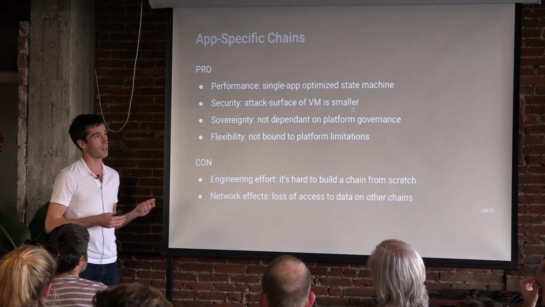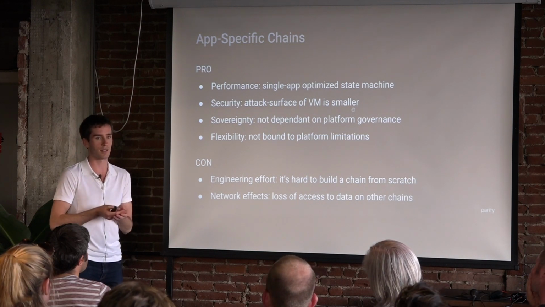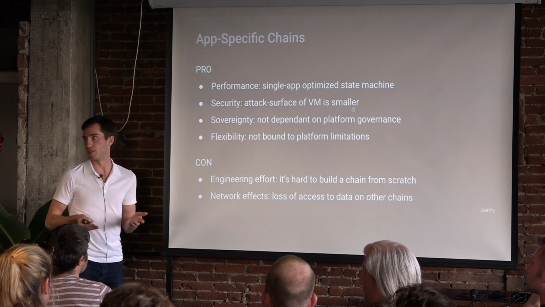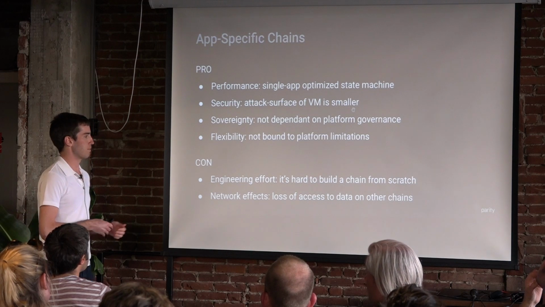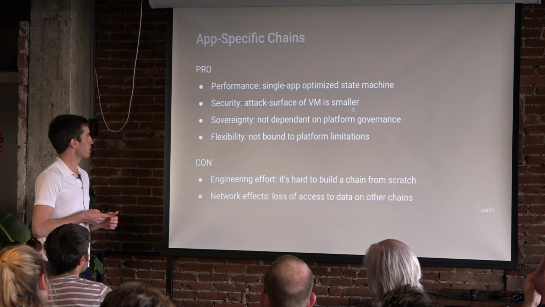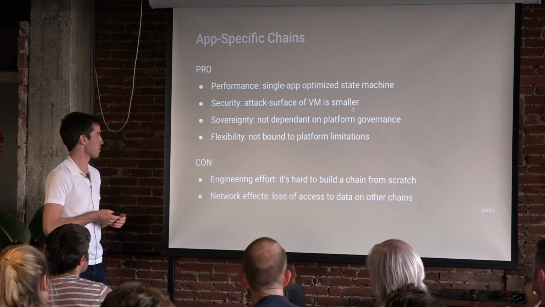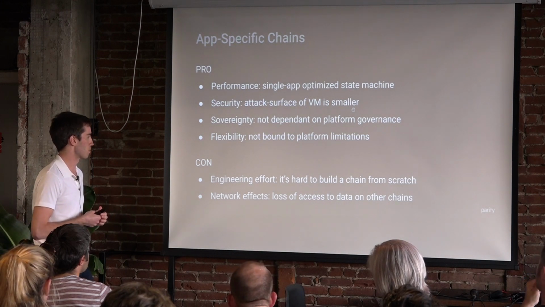The EVM is very low level, and languages like Solidity compile from a higher level down to a lower level. Some people miss a lot of abstractions, which is what leads to bugs. So if you can have a smaller attack surface, that's better. You get to decide what to do with it, so you don't have to worry about what other people will do, and you're not bound by platform limitations.